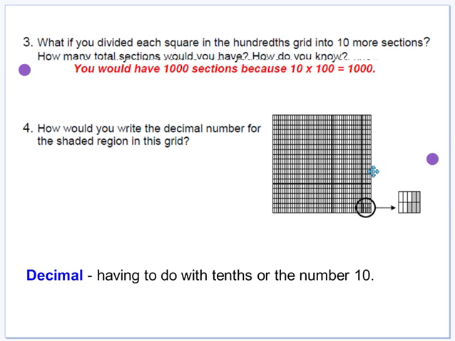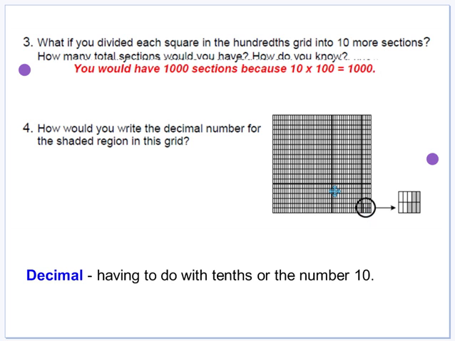So here's a thousandths grid, because this grid represents our ones place, which is the whole number place just to the left of the decimal point. It's the end of our whole number sentence, the ones place. And then we start with our decimals, and the thousandths is our third decimal place to the right of the decimal. So how would you write the decimal for the shaded region in this grid?